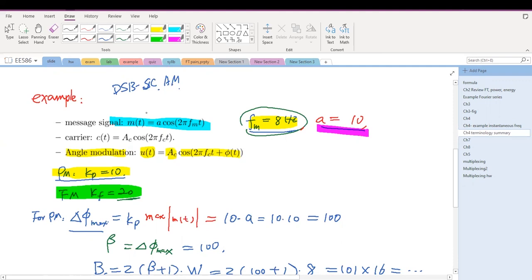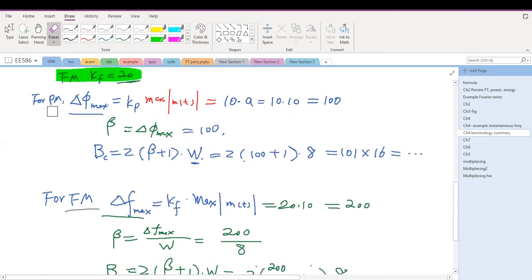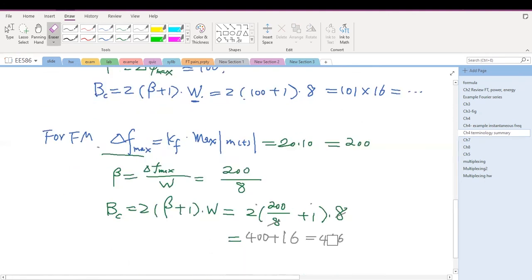The bandwidth of the modulated signal is 2W, which equals 2 multiplied by 8, that equals only 16 Hertz. For the PM and FM, the bandwidth of the modulated signal is much bigger than the DSB-SC AM signal. And this is in Hertz, and this is in Hertz.